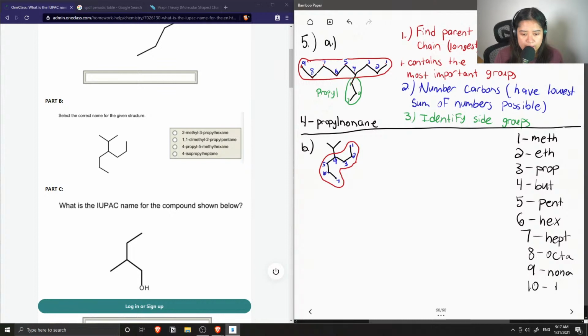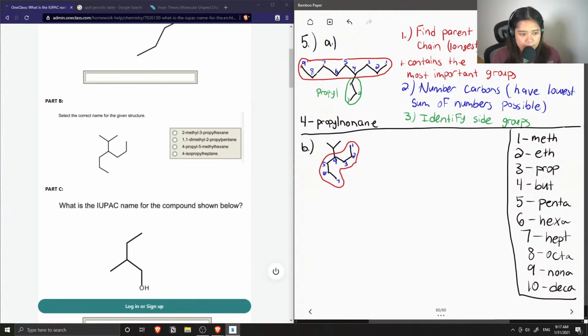And 10 is deca. Okay, so I just summed up all the different prefixes.